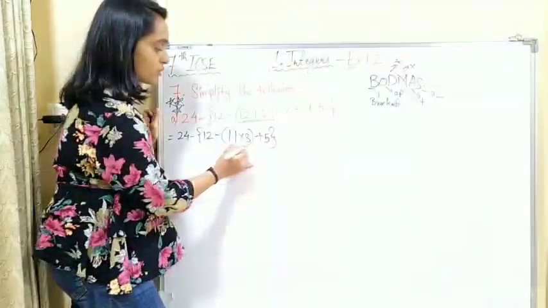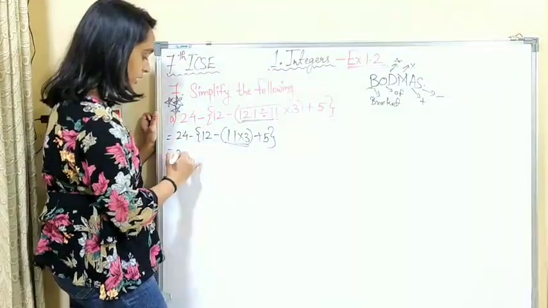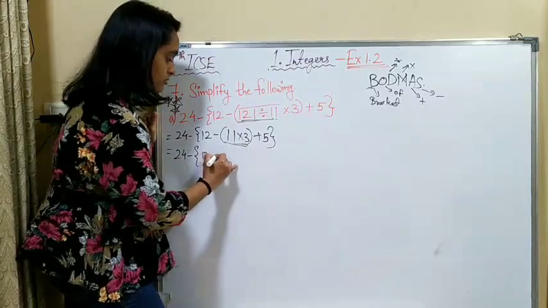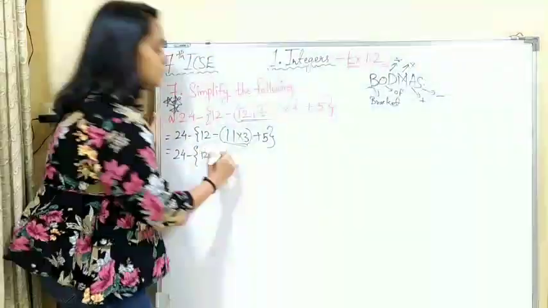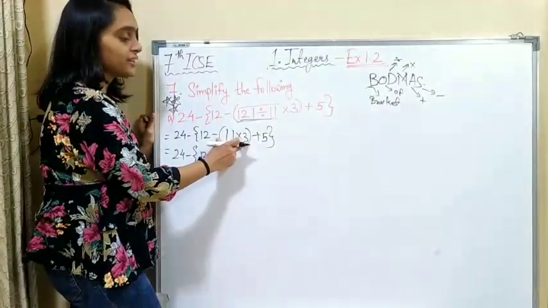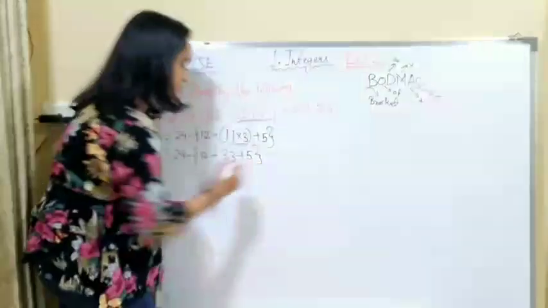Now in this expression you will solve this bracket first. So you will get 24 minus, inside the bracket, 12 minus 11 3s is 33. Now as the bracket is solved, we can remove this bracket, plus 5.